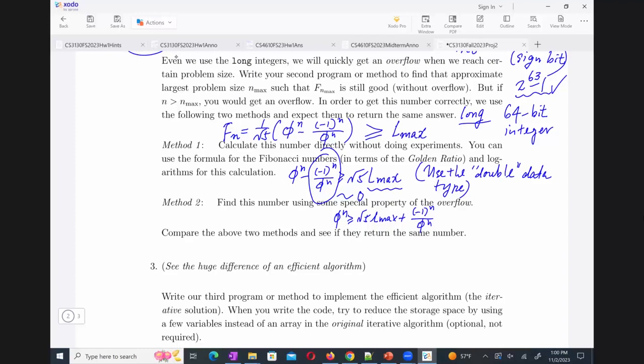So here, let's modify this inequality in a more generous way. What do you mean by more generous? Actually, we do not drop it.